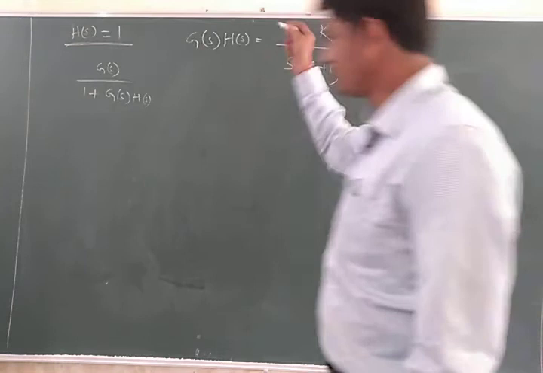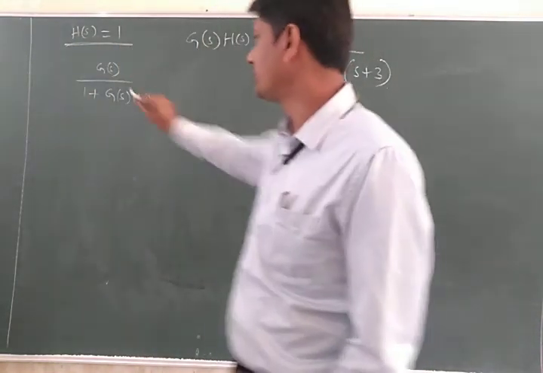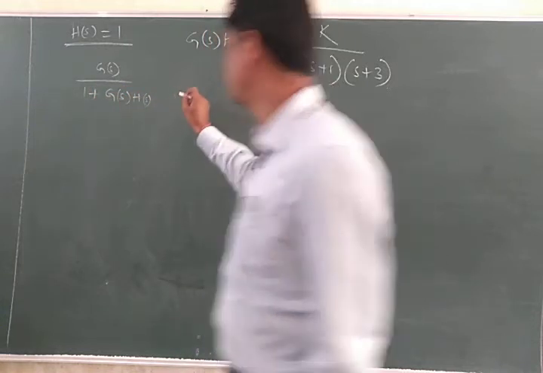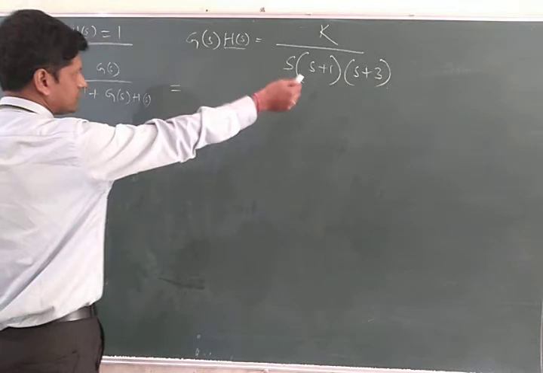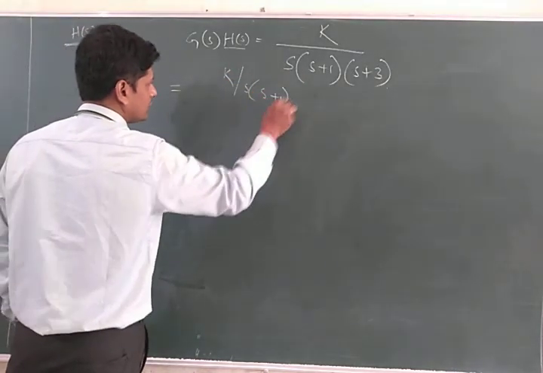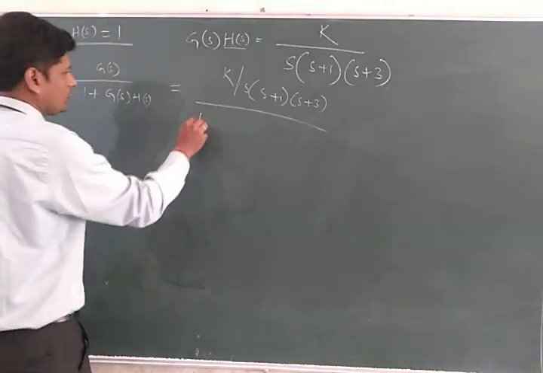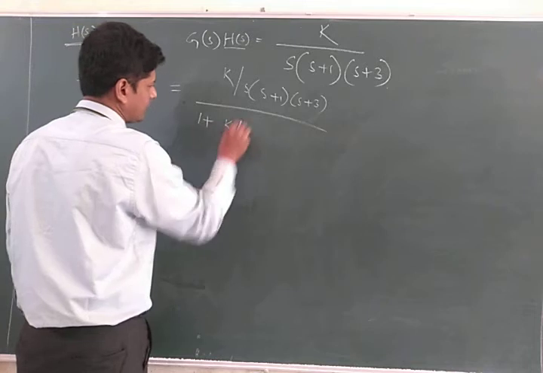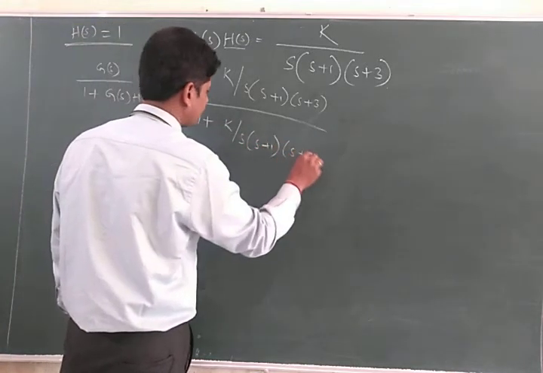We have to assume, in most cases, H(s) equals 1. So the total transfer function will be G(s) by 1 plus G(s)H(s). Since H(s) equals 1, G(s) is the same thing, that is K by s into (s plus 1) into (s plus 3), divided by 1 plus K by s into (s plus 1) into (s plus 3).